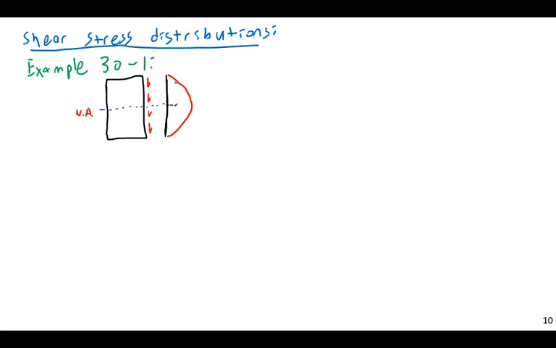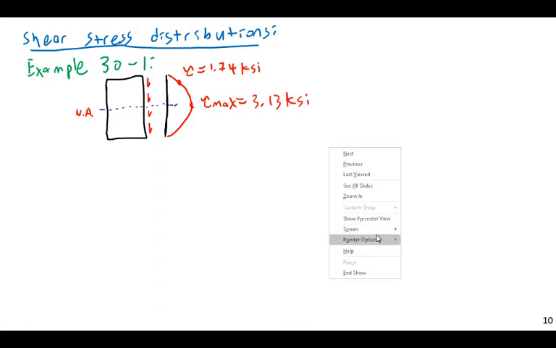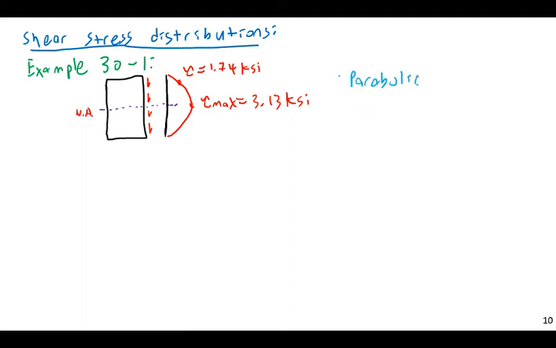At the point B we found in the last lecture's example, tau is 1.74 ksi. And here, tau max at the neutral axis is 3.13 ksi. You can't always tell by drawings, but this is a parabolic curve.